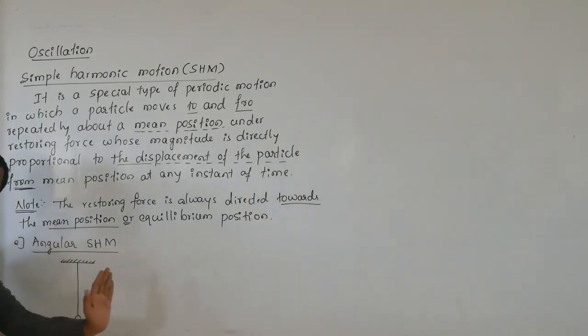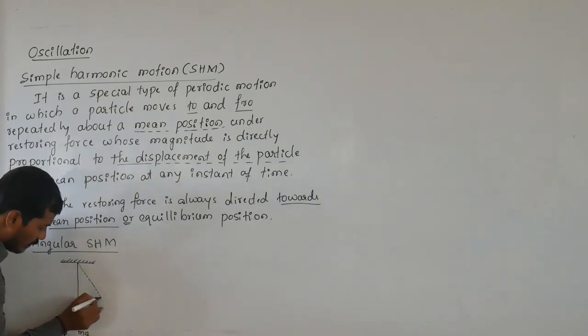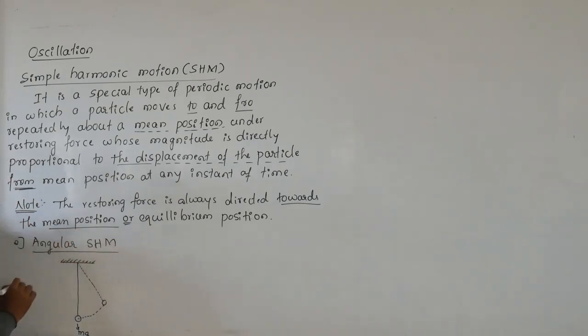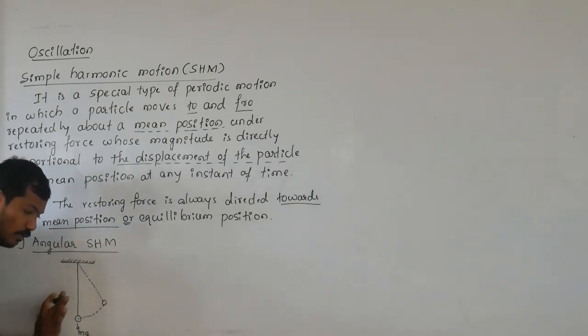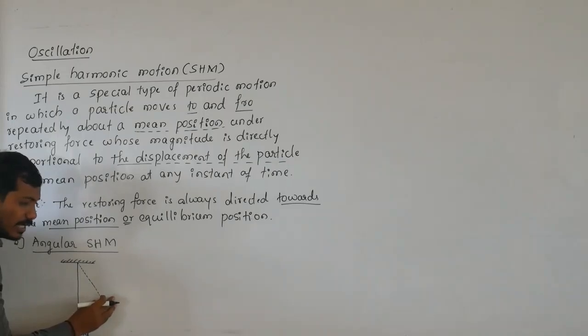When you apply a certain force like this, it is displaced from its mean position up to here. It is called the displacement of the body. Again, when you apply a certain force, it is displaced up to here, and this is considered as the two extreme positions.